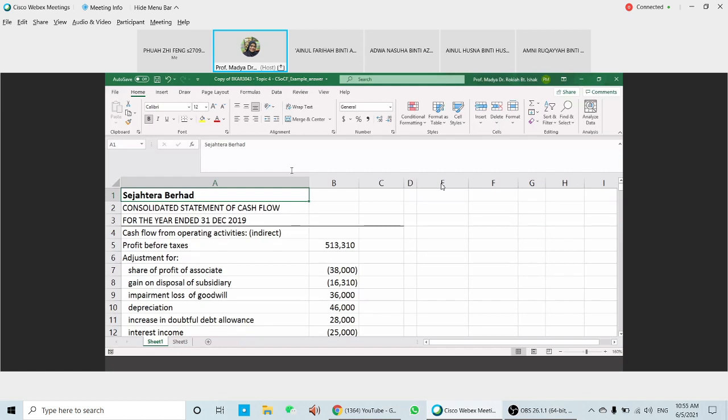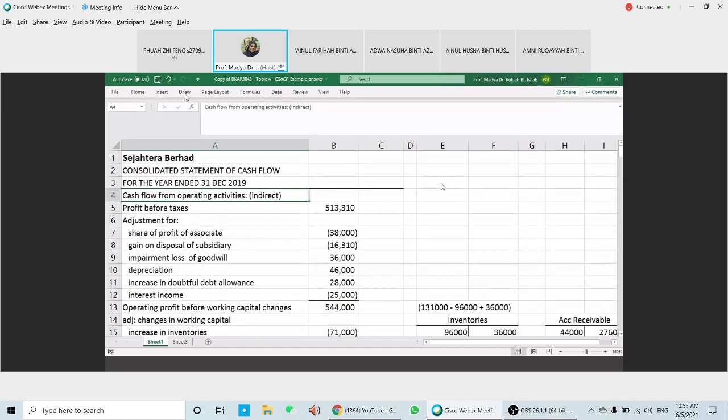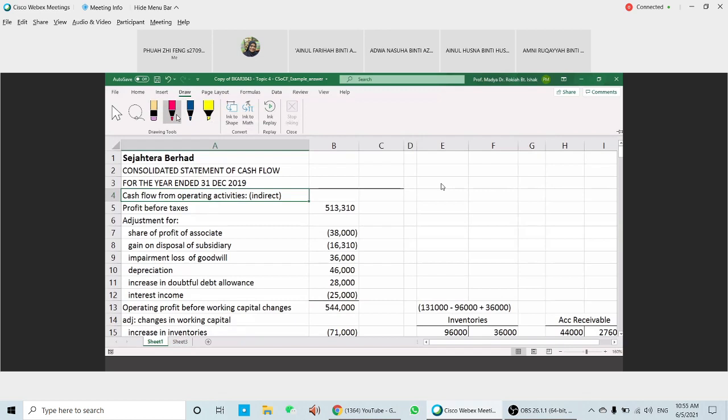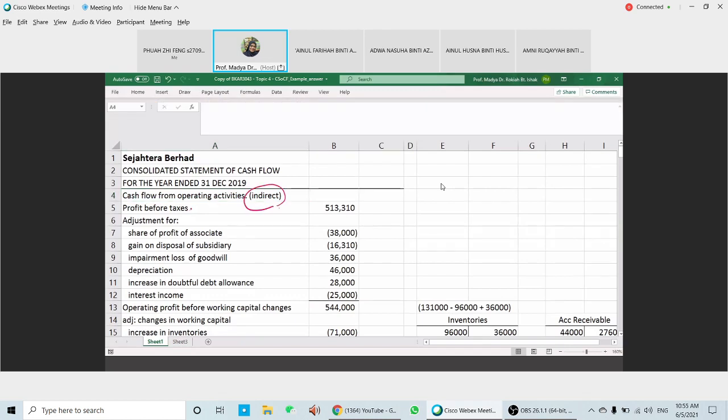Since we are using the indirect method, you start with the profit before tax, then we make an adjustment. Based on the information given, the profit before tax, the one in your slide 40, is 513,310.